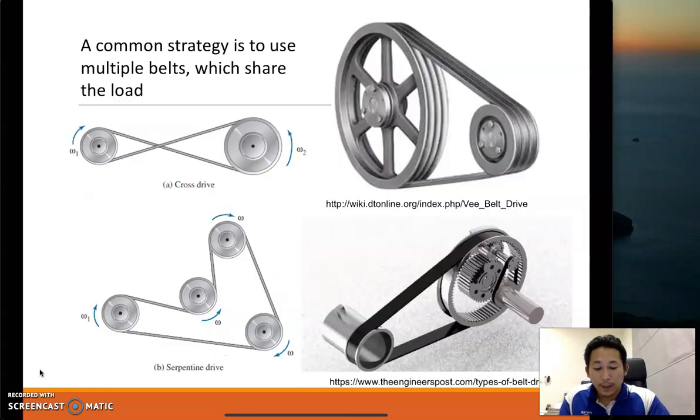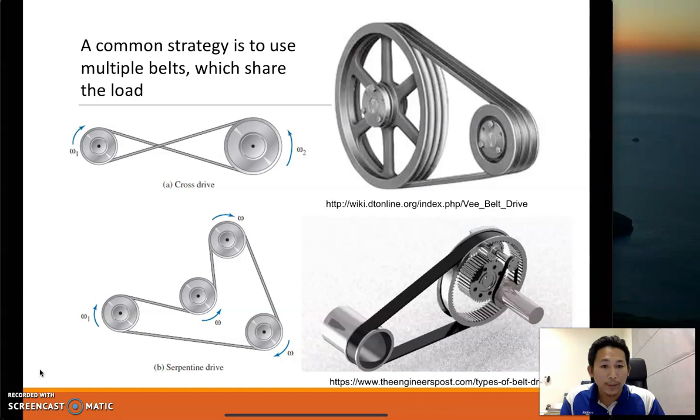The common strategy for cross belt, open belt, or we call reversing, non-reversing.